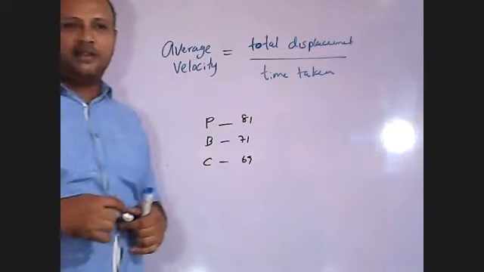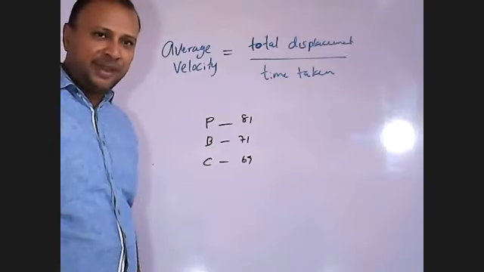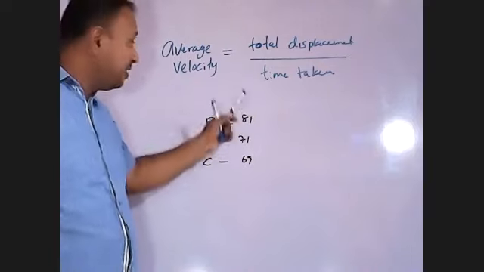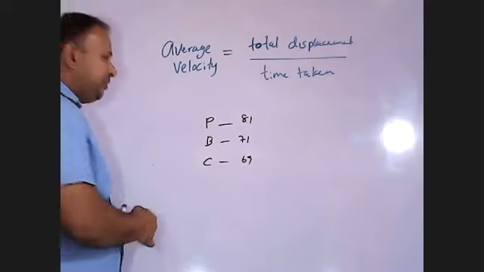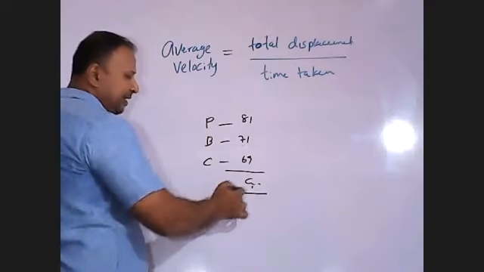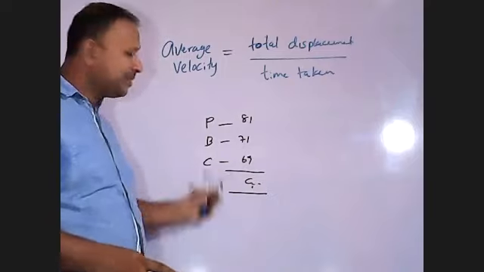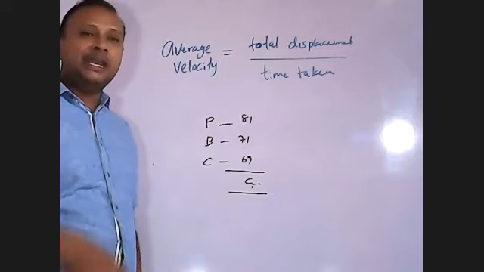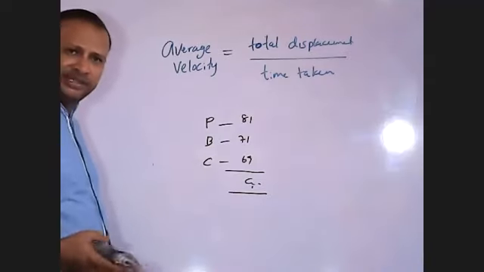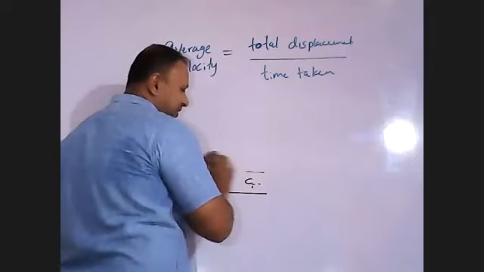Those are the marks of the term test exam. How to get the average of those three values? You have to add those three values first. Then that addition should be divided by the number of subjects. That is a way of getting an average. Can you understand the part? Yes, that is a way of getting average.